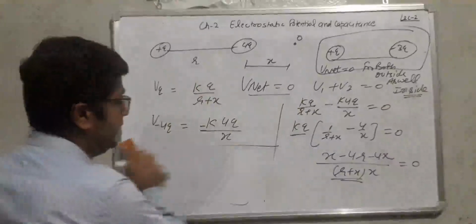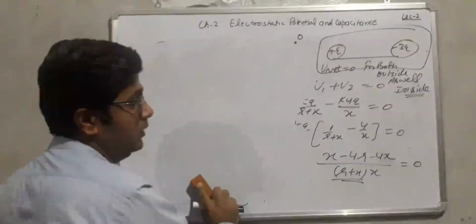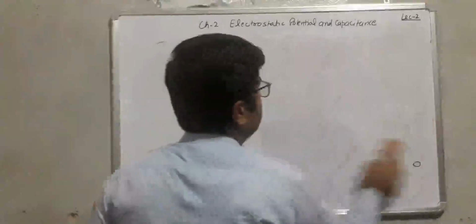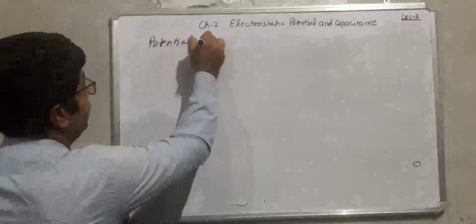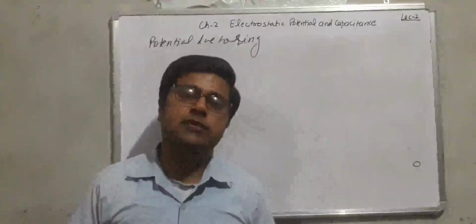Okay, now next, potential due to a ring. In this case, initially we are having a ring, and that ring is uniformly distributed with charge, and we have to find out the potential at any point P due to that ring.